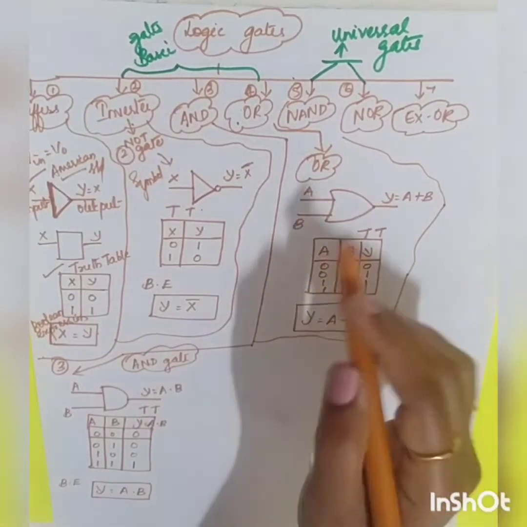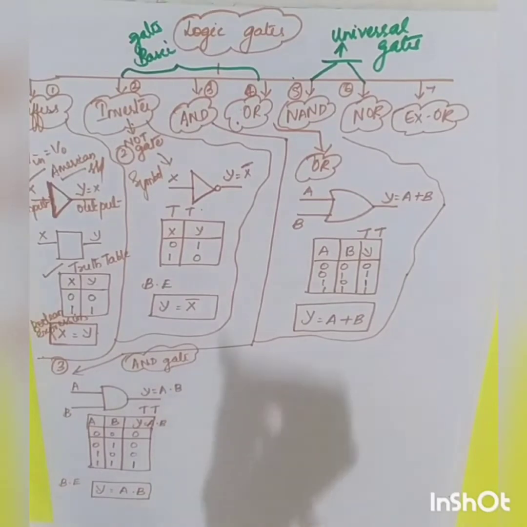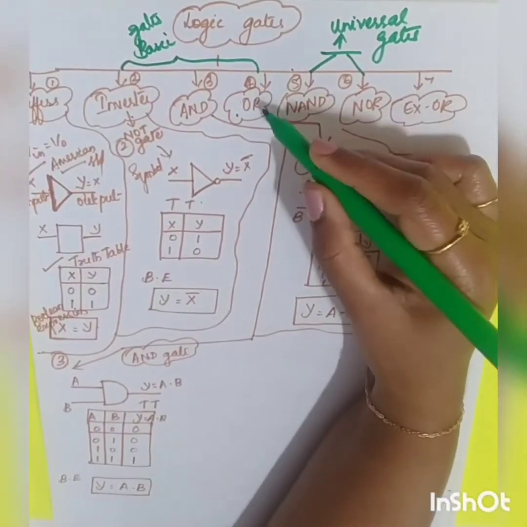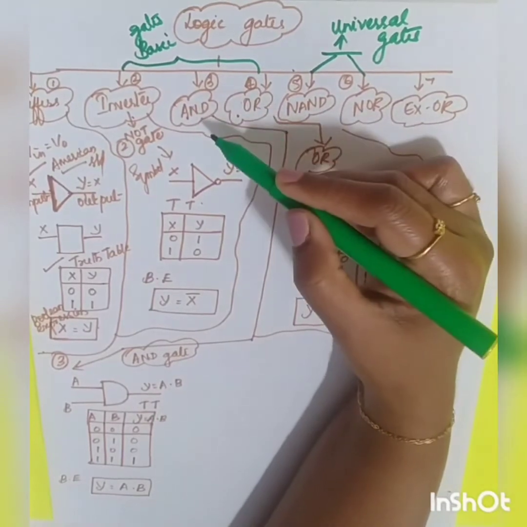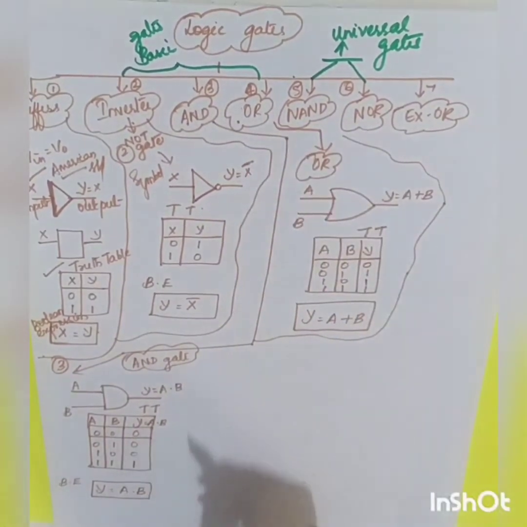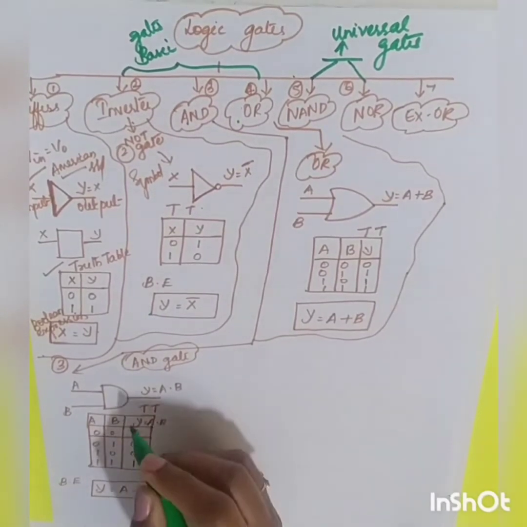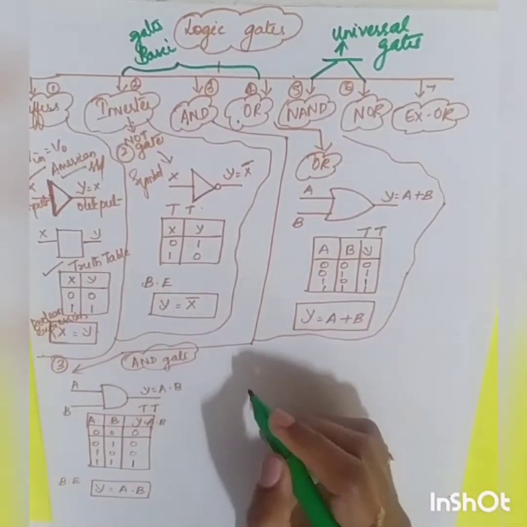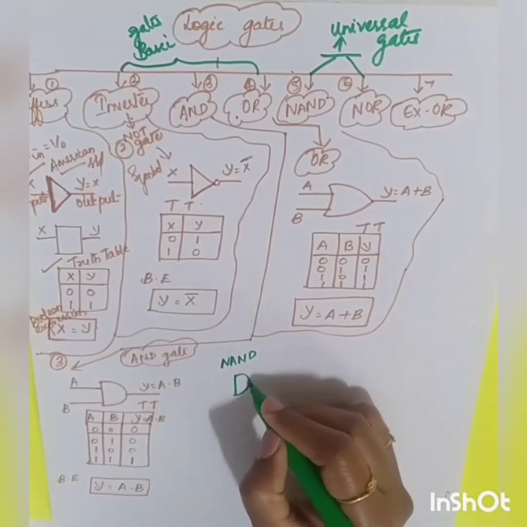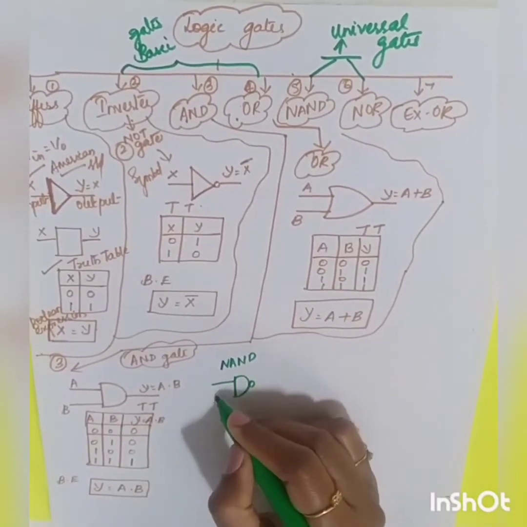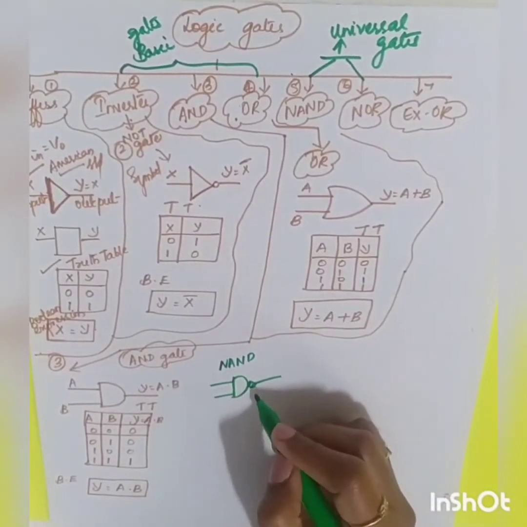Now the fifth one is your NAND gate. The NAND gate is nothing but the opposite of your AND gate, that is the inverted form of your AND gate. The structure of your NAND gate has a small bubble or a small circle towards your output side.